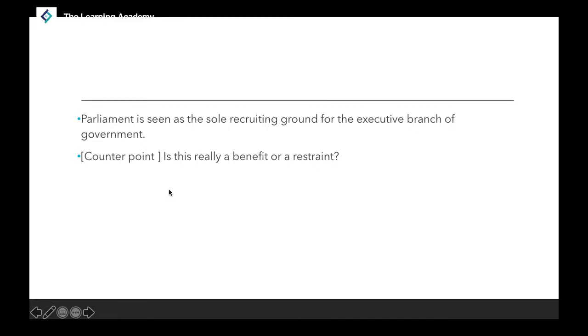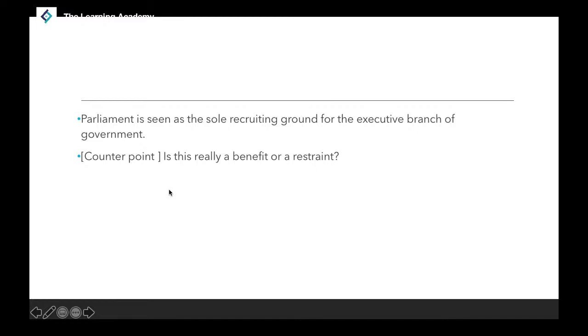So there's a limitation in the amount of talent that is represented within government. If every single member of the executive is just an MP or a peer, then there's a slight limitation on the amount of diversity of talent there can be within the system.